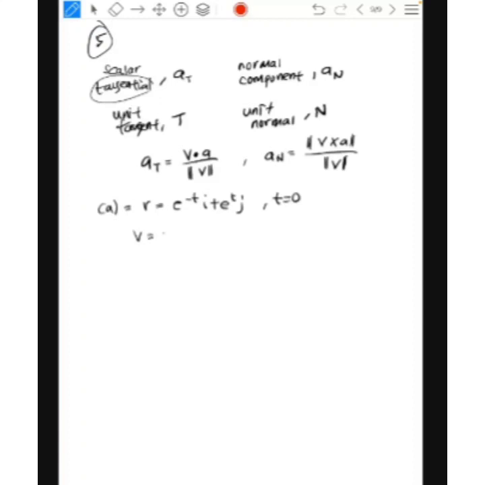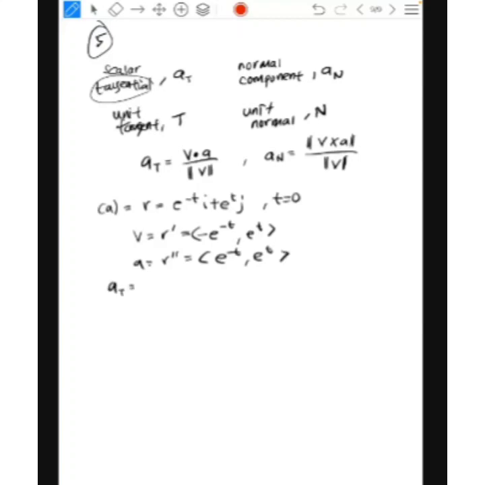Okay, so V is equals to R prime, which is negative exponent T, and then exponent T, and then A is R double prime, which is exponent T, exponent T. Okay, so the AT is the product.